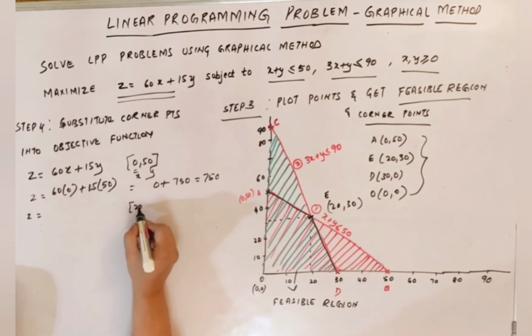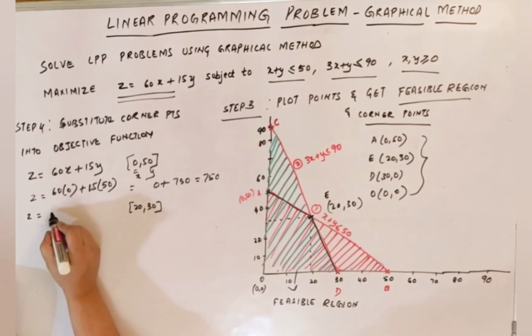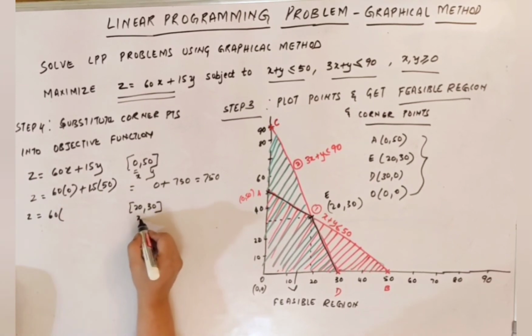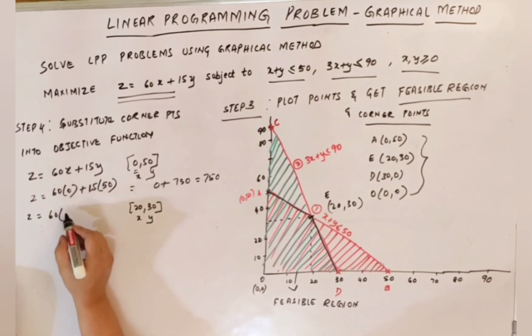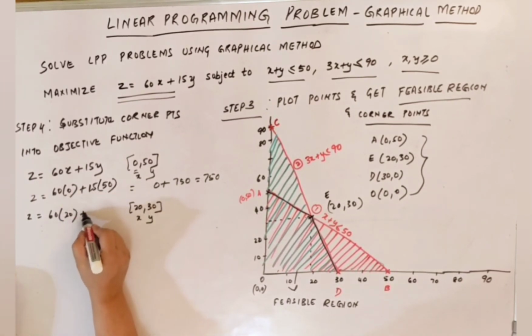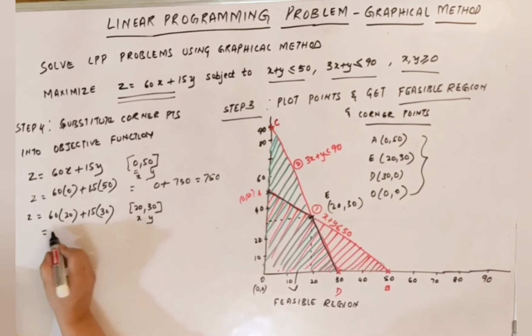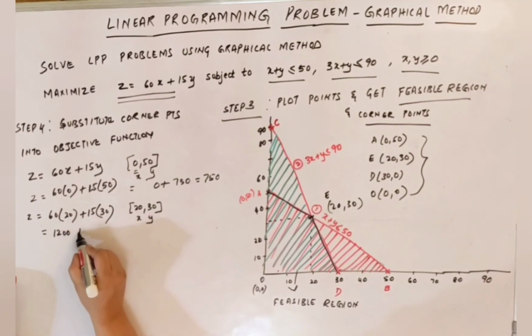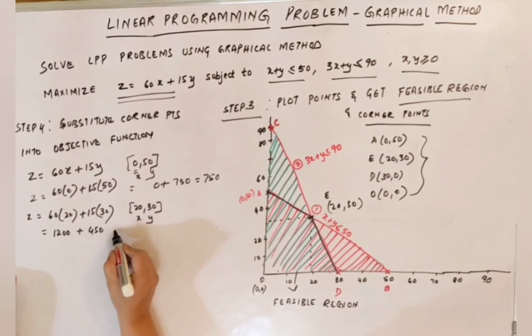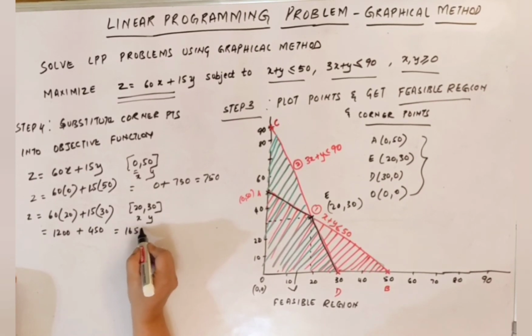Now let's take the second point, which is 20, 30. Let's substitute. 60 into x is 20 plus 15 into y is 30. So what do we get? 1200 plus 450, which is 1650.